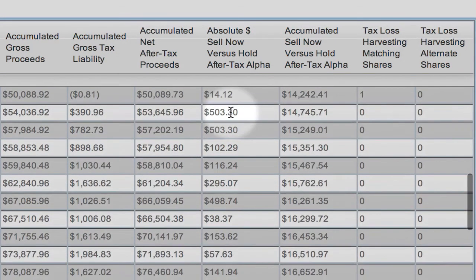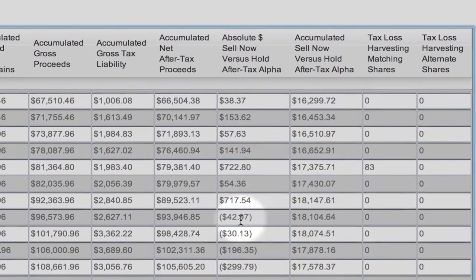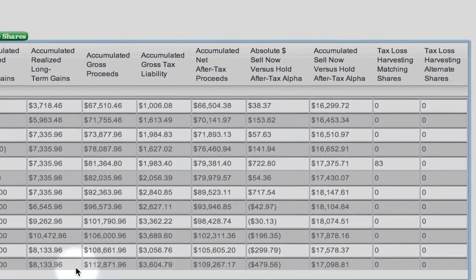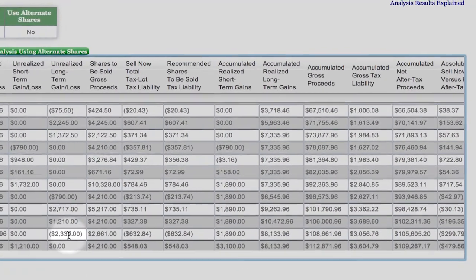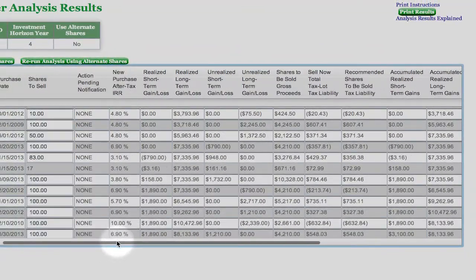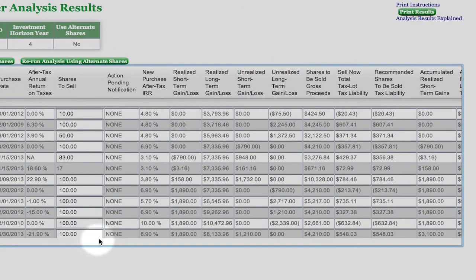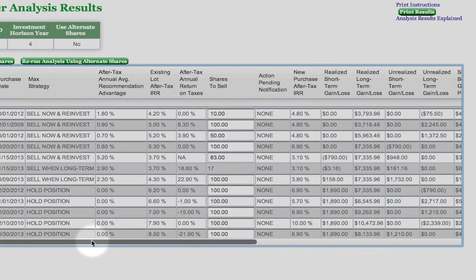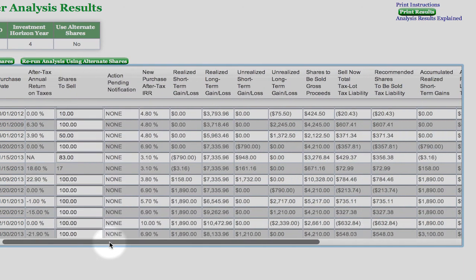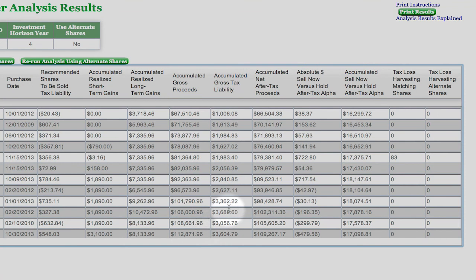A positive value indicates one is forecasted to be advantaged by selling and reinvesting. This absolute value is not affected by either any minimum compound selling advantage, or rather alpha requirement, or the risk premium adjustment inputs. Please read the tooltips available for each of these items to add more clarity.